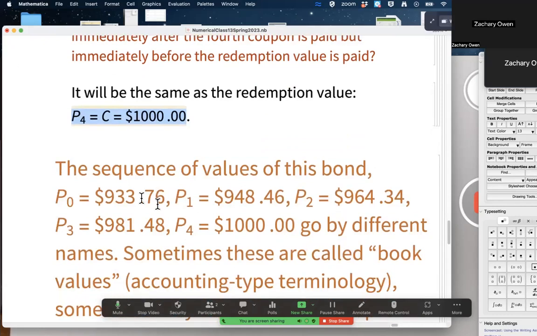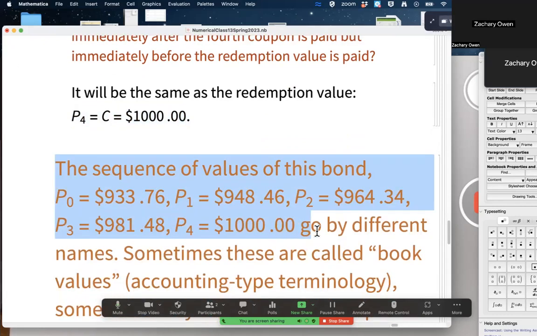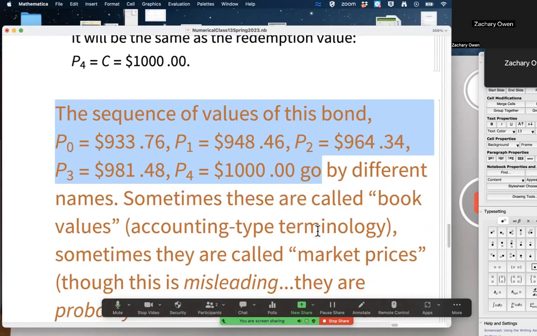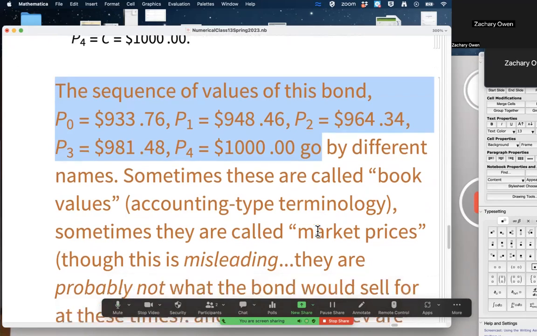So we got a sequence of values of these prices, these book values, they're called in accounting type terminology. If you read literature about this stuff, financial magazines, online sites, textbooks, the terminology is kind of all over the place. It's confusing.